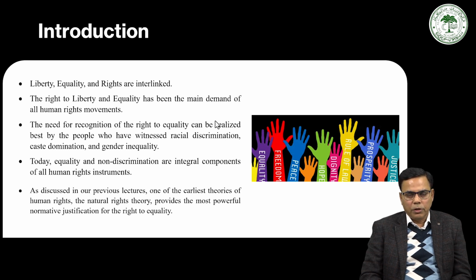The most important thing was that there was racial discrimination that was being practiced by the colonial powers or the imperialist powers. So this was the reason that they wanted equality. Liberty or freedom, freedom from the yoke of slavery, freedom from the foreign rule, and freedom from imperialist exploitation, all these things were demanded. So therefore, you will find right to liberty and equality has been the main demand of all human rights movements, all over the world.